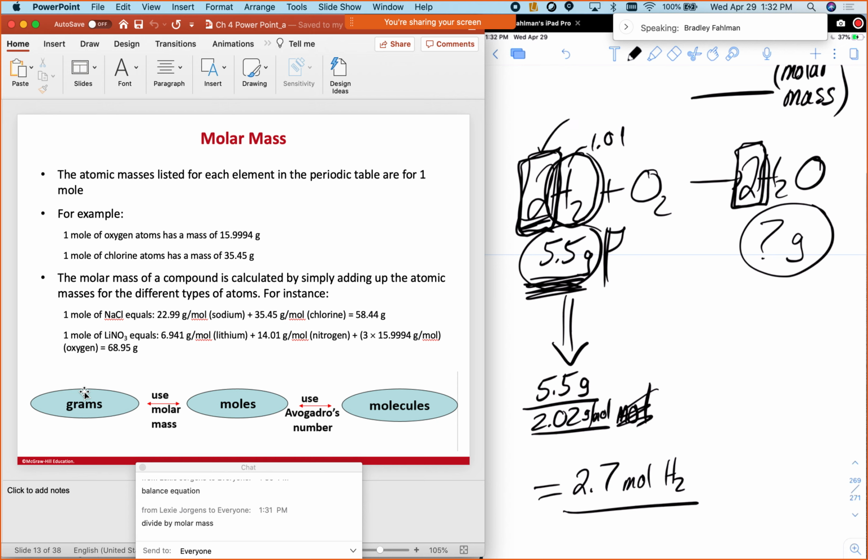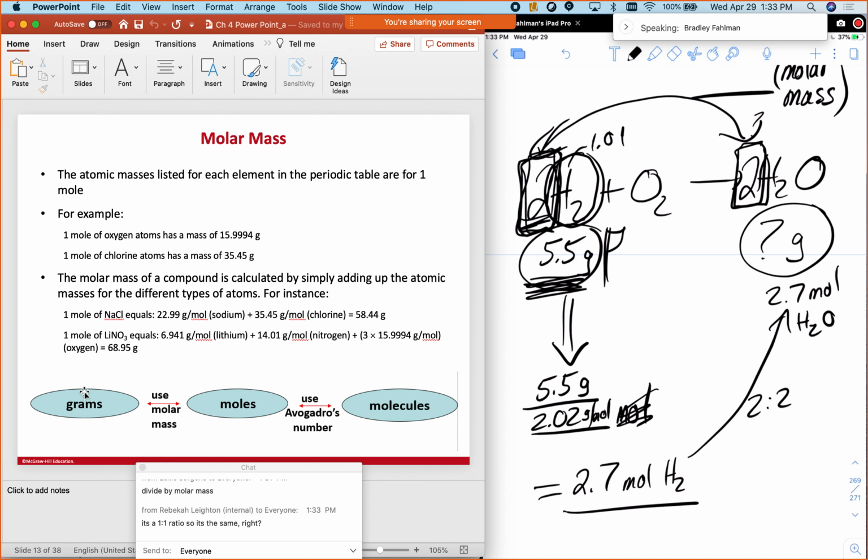Water is what you're trying to solve for, so you're just looking at how these compare. It's a 2 to 2 relationship, so you have 2.7 moles of water. 2 to 2 means 1 to 1, it's the same thing. If it's the same number, 3 to 3 or 5 to 5, it's the same.